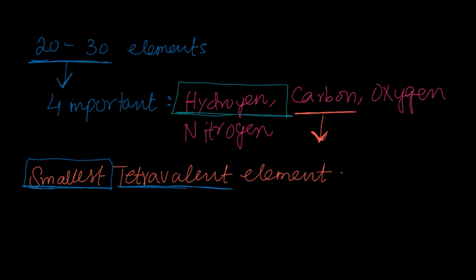Now what does tetravalent mean? Valent refers to the number of bonds that it can form, and tetra means four. So that means it can form four bonds. So it is the smallest element by size that can form four bonds with other elements, or with itself as well, or with other carbons.